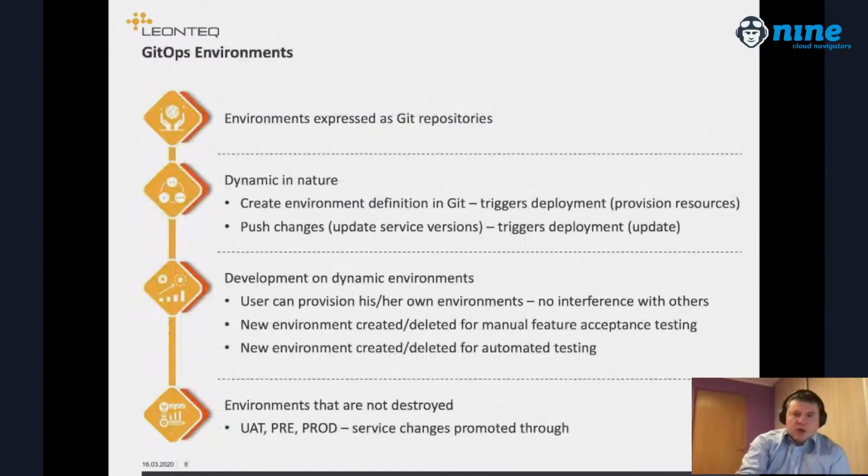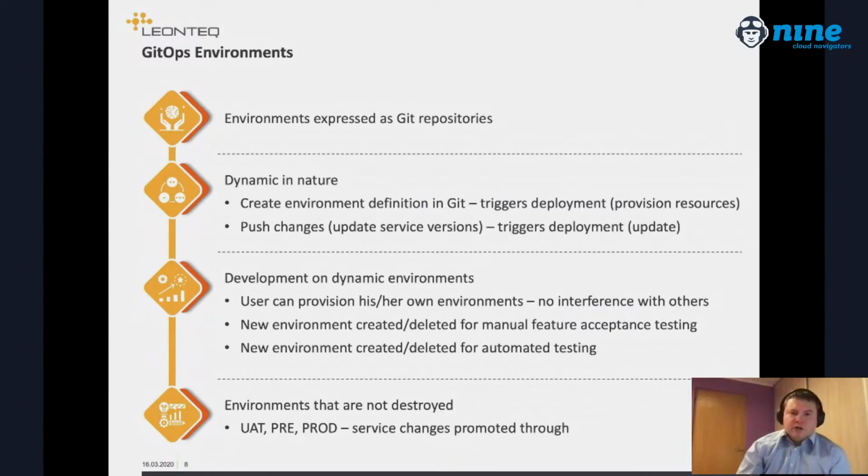So from the environment perspective, each environment is expressed as code in Git. So we have development, UAT, pre-production, and production environments. By design we have built them to be dynamic in a sense that you can spawn an environment by provisioning the resources, and you can also destroy it.